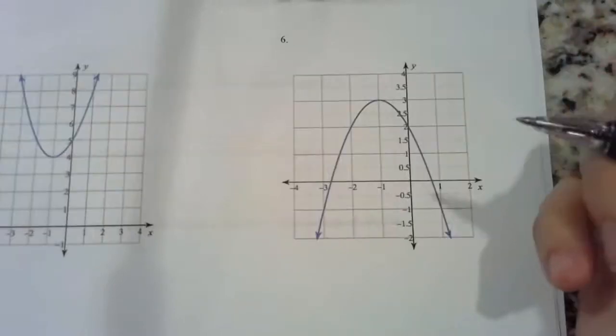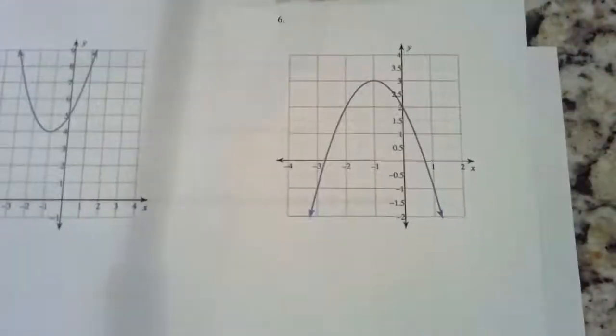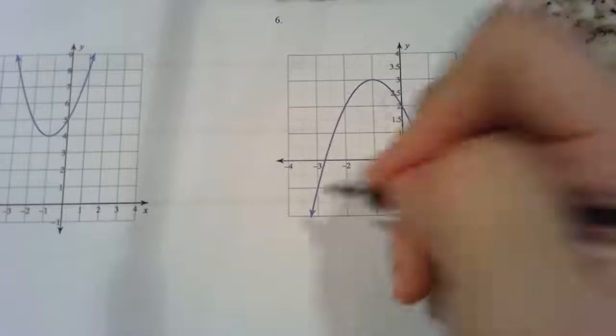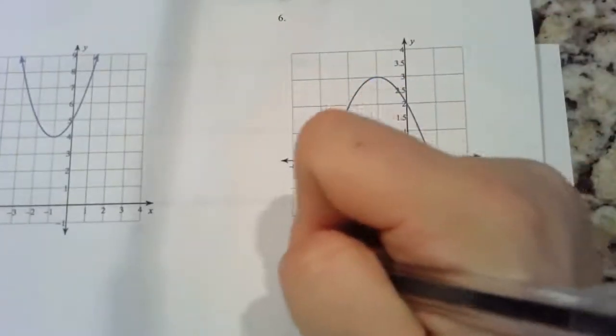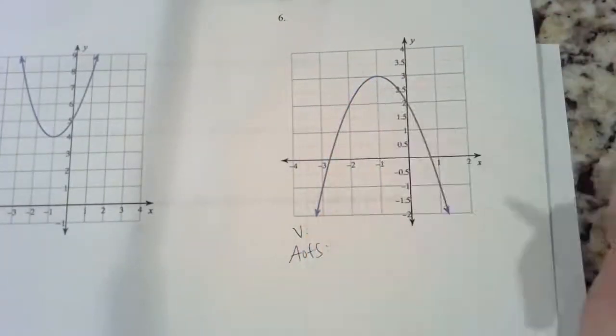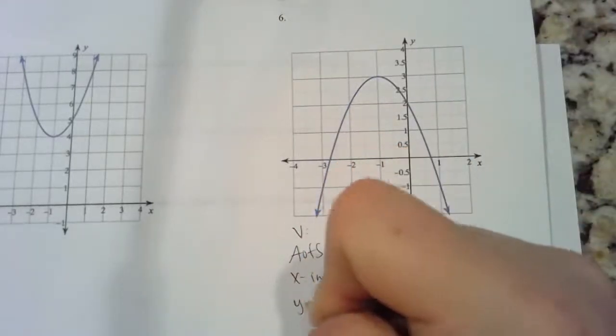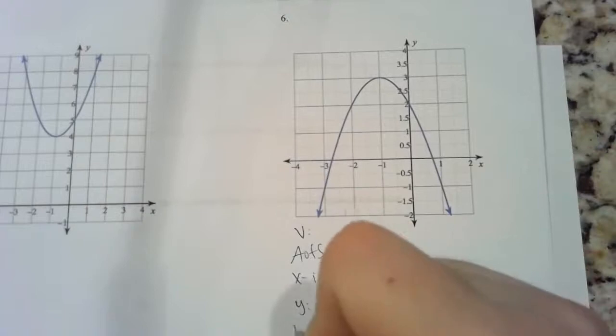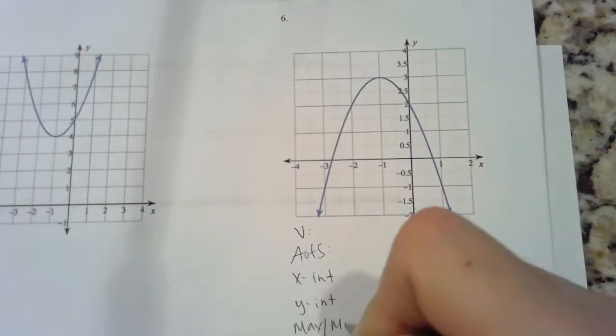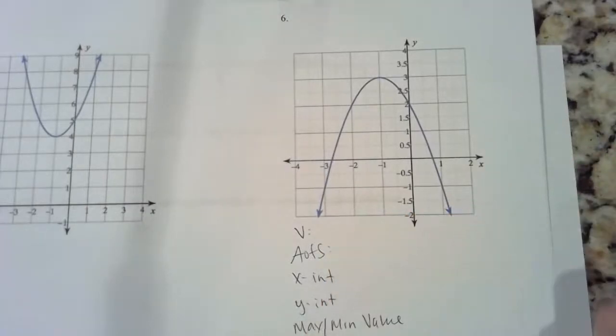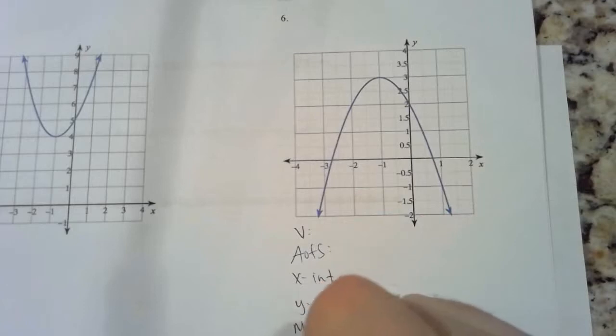So on each of these problems, it tells you above, you have to find the vertex, the axis of symmetry, the x-intercept, the y-intercept, the max-min value, and increasing and decreasing.